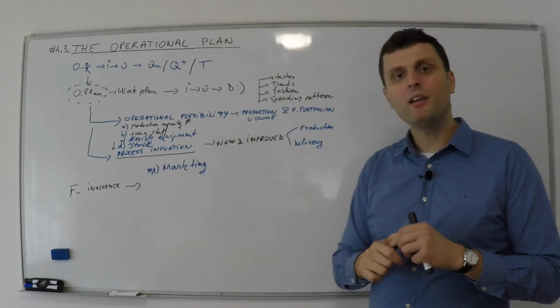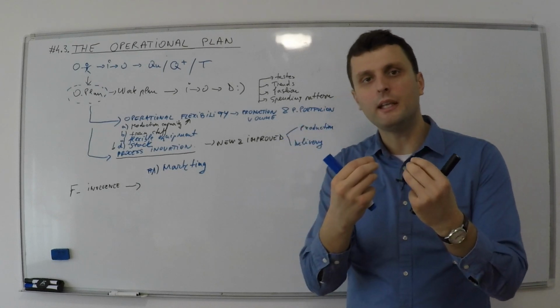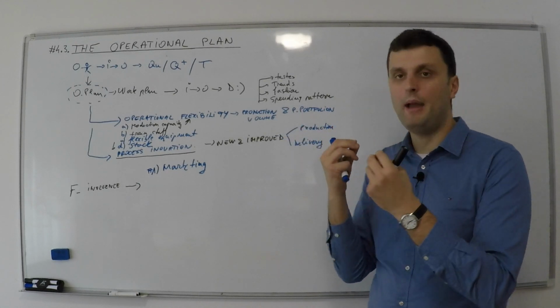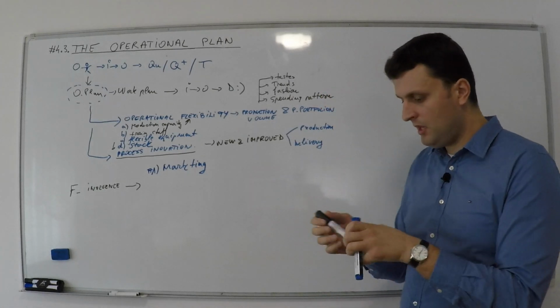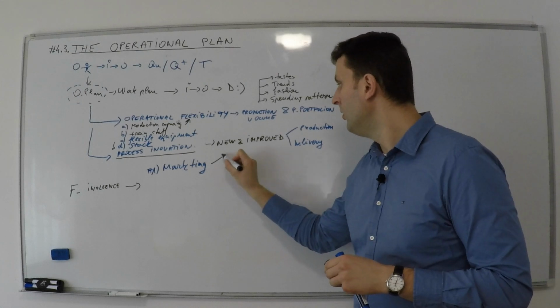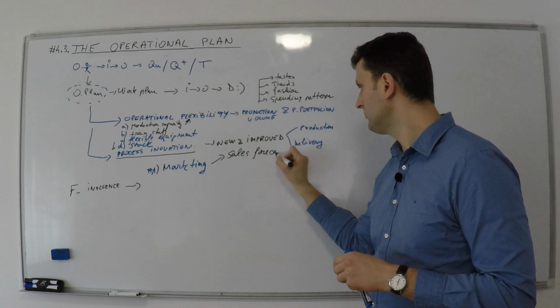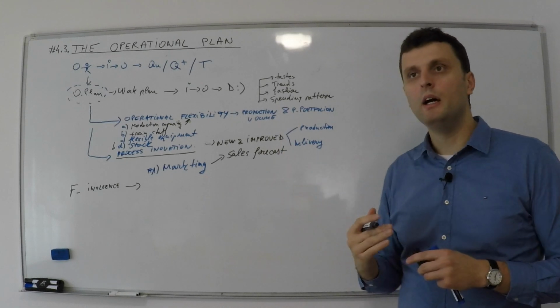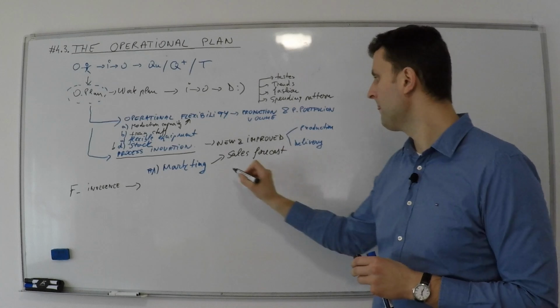Why marketing? Because if there isn't a tight link and a transparent link and a reliable link between the operational manager and the marketing manager, then we might not know exactly what sales forecast we are relying our production volumes on.